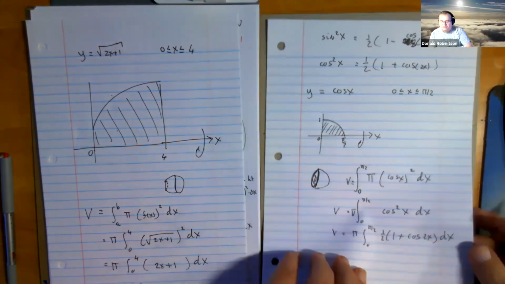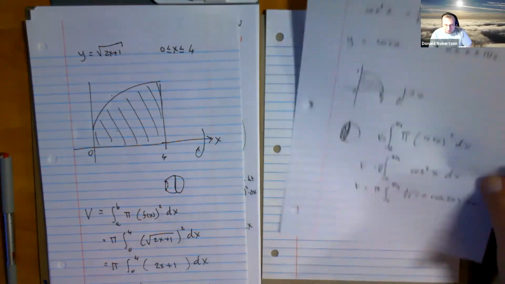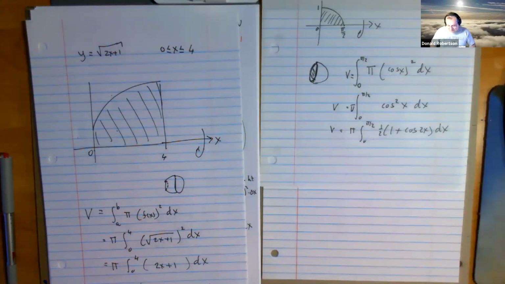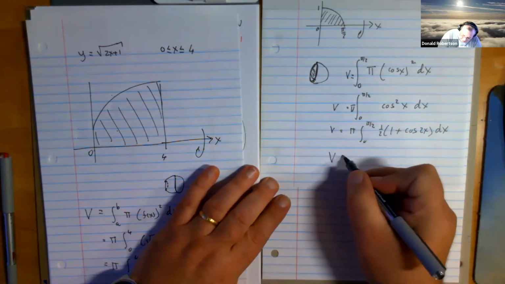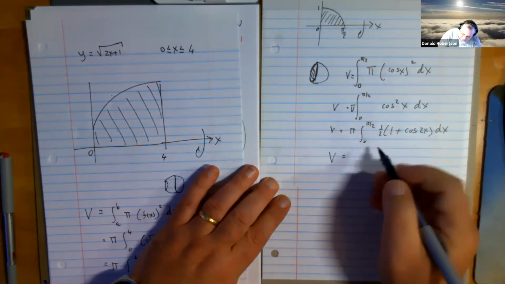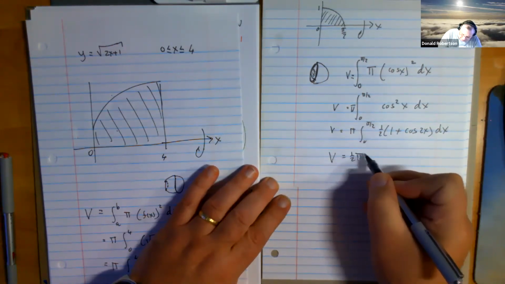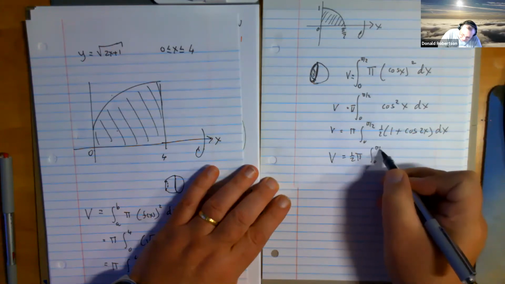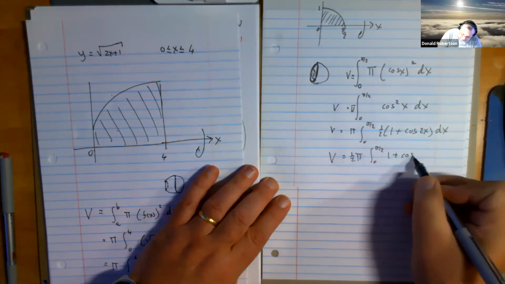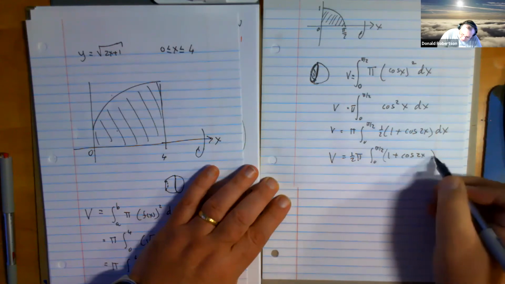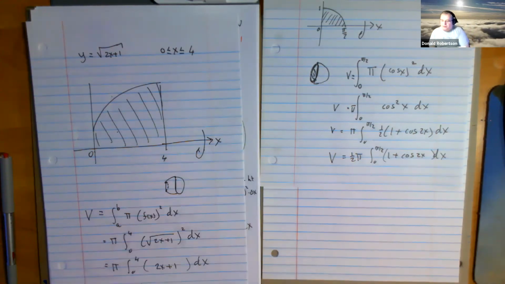Right, the next line is not necessary, it's more cosmetic than anything, but this is how I do things. Do you know that half is just going to be a pain in the butt, so I'm going to pull it out. Because to me, that's just a little bit more elegant.